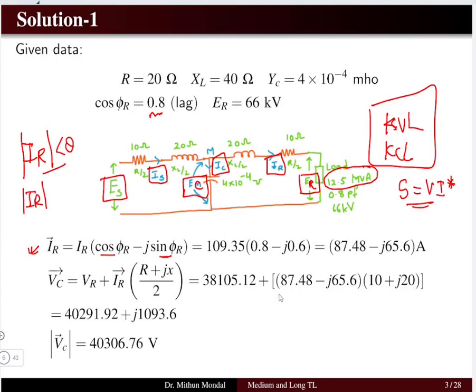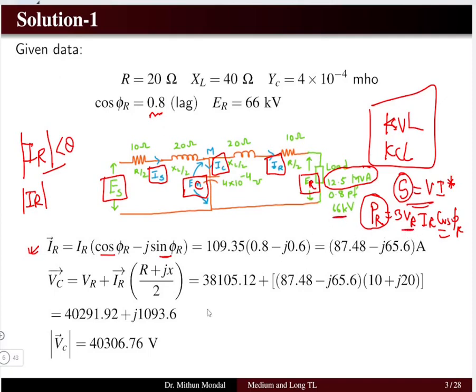This is the formula for power. So the receiving end current which is flowing here can be found out from the concept of the power. Power at the receiving end we can write as 3 times voltage at the receiving end, current at the receiving end, multiplied with the power factor cos phi r. We can determine the value of the real power PR from the complex power S. Then we have the receiving end voltage, which is 66 kV.